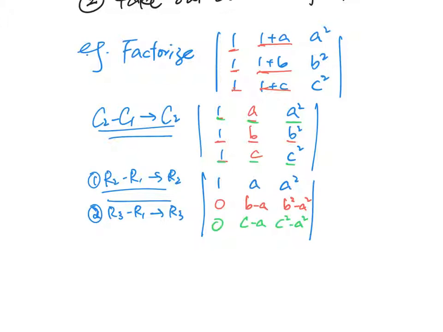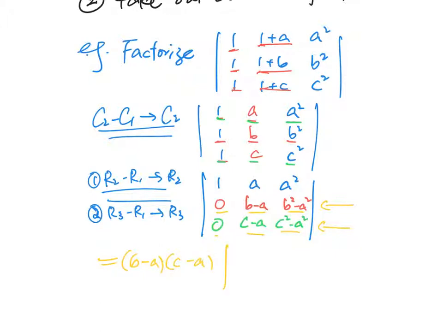Now, if you read it clearly, b minus a can be found here, and even in 0. Similarly, c minus a can be found here, and even in 0. So the next job is we are going to take out the common factor in the second row, which is b minus a, while in the third row you have c minus a.